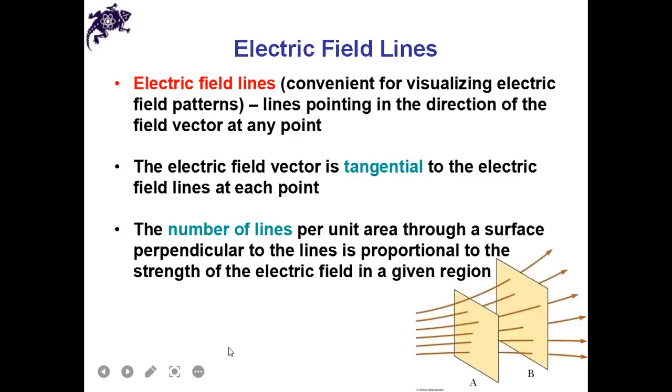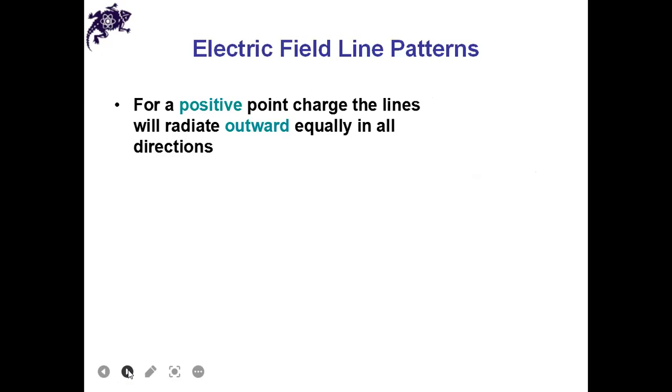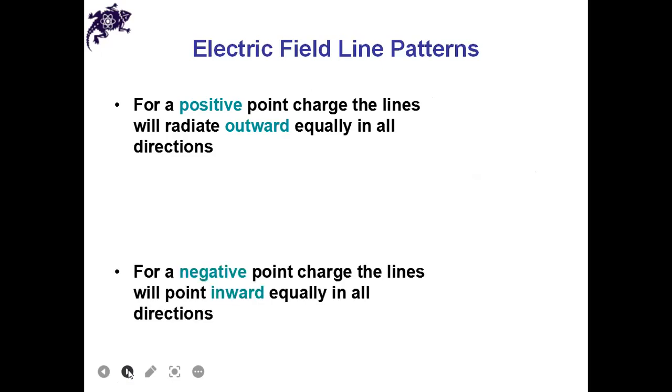So the electric field from A to B, like this. For the electric field pattern of a positive point charge, the lines will radiate outward equally in all directions. And for a negative point charge, the lines will point inward equally in all directions. That means for a positive charge it will be outward, and for a negative charge it will be inward.